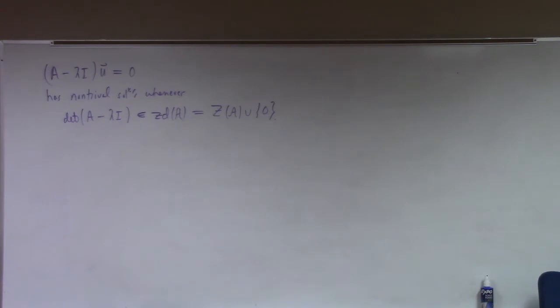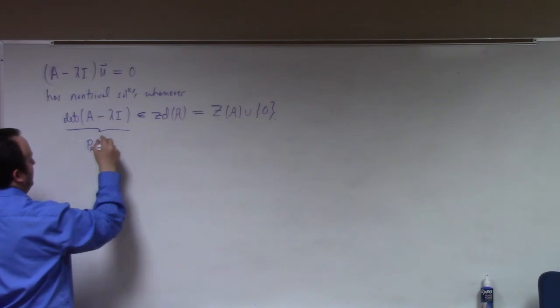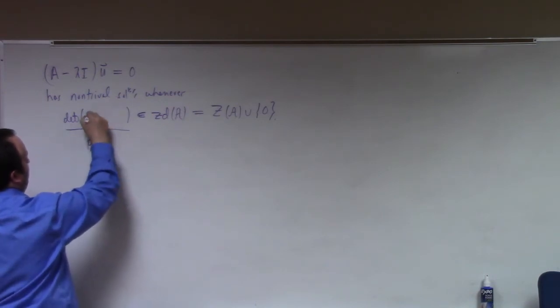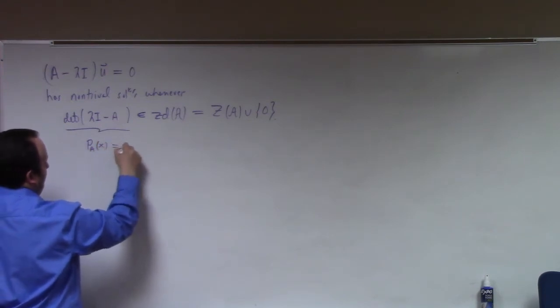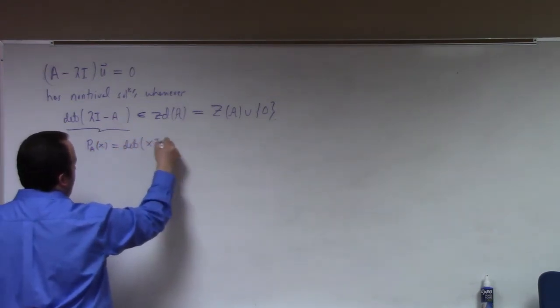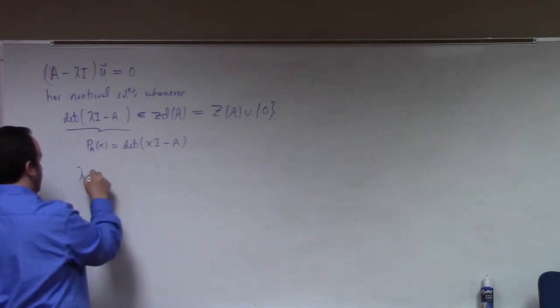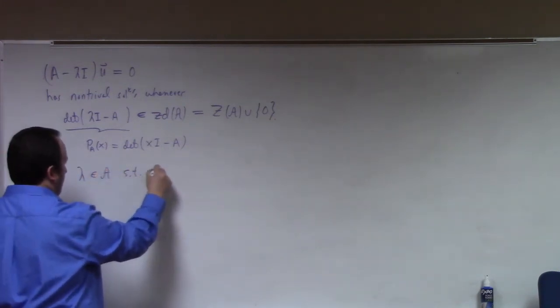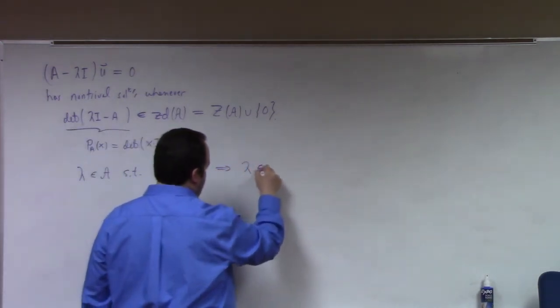But now that's the characteristic polynomial, right? This is PA. Oh, I'm sorry. Old habits die hard. So PA of x would be the determinant of xI minus A, right? The characteristic polynomial. And so lambda in the algebra such that PA of lambda equals 0 implies that lambda is a root.